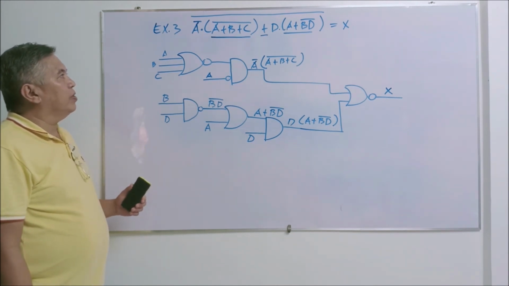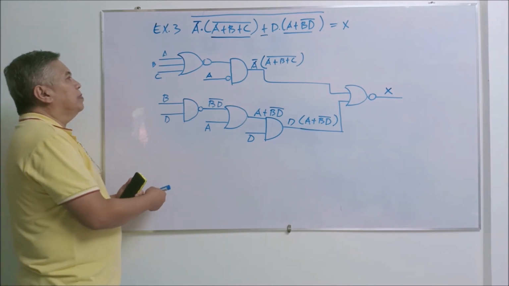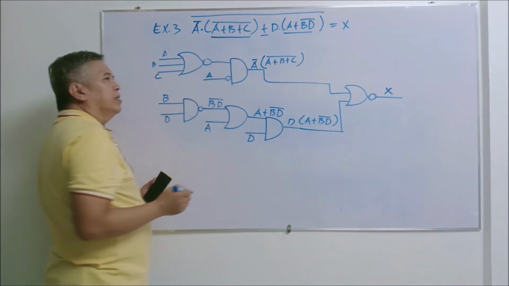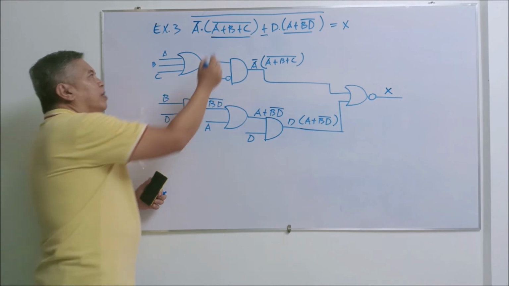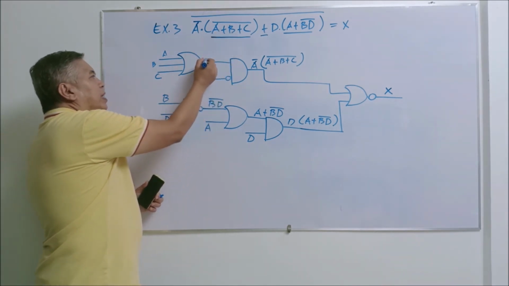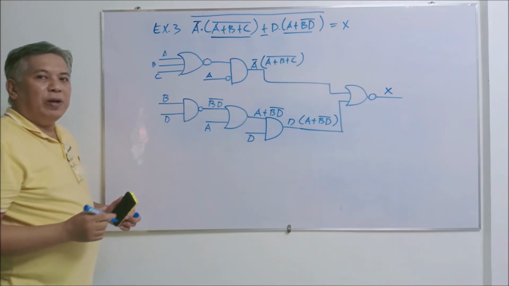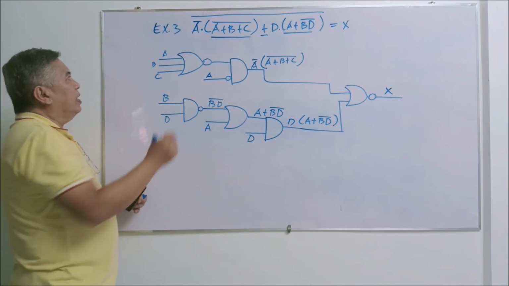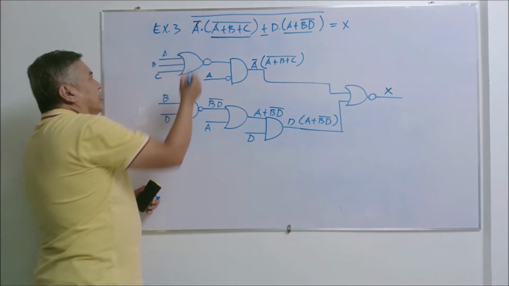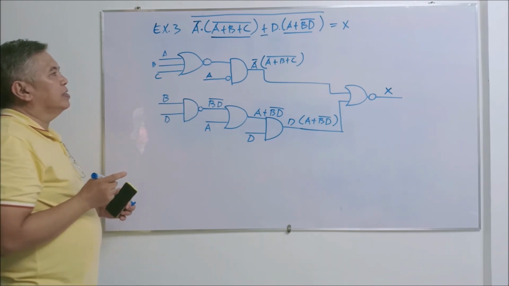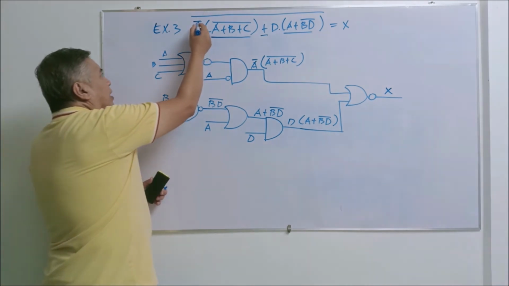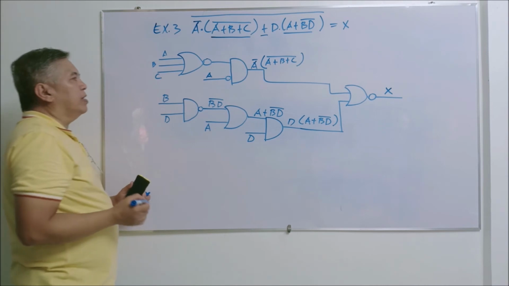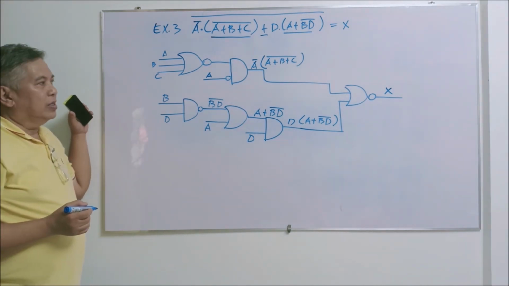I would like to emphasize only that if all variables are complemented, these complemented variables are represented by a bubble at the output part of your symbol. While if you have only one complement on a particular variable, this complement is placed at the input part of your symbol.